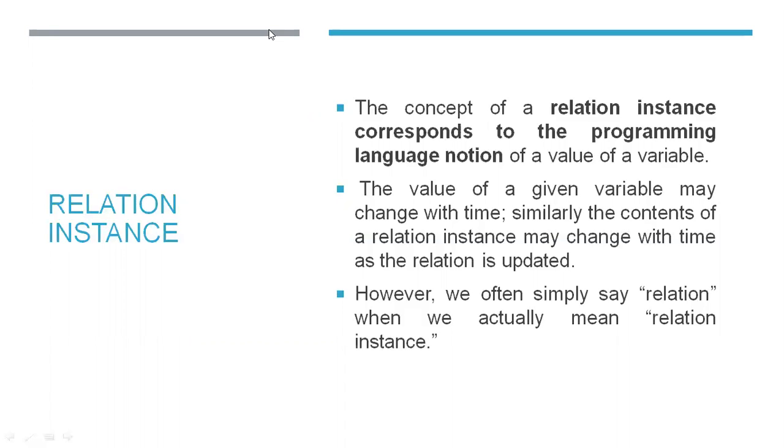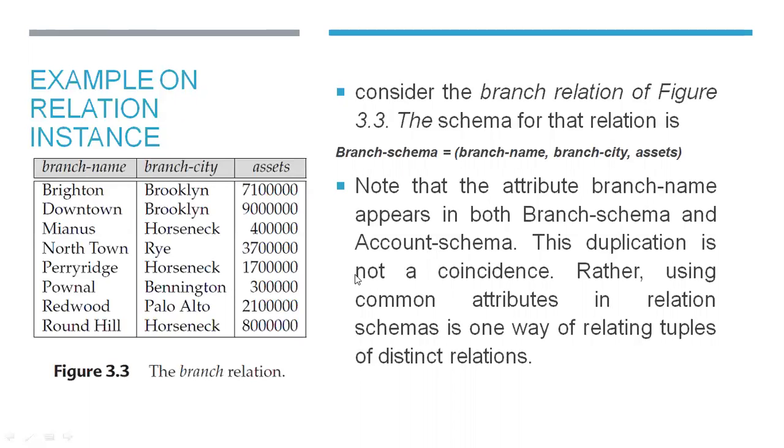However, we often simply say relation when we actually mean to say relation instance. So whenever hereafter relation is mentioned, that relation is nothing but relation instance. Keep in mind. Let us see an example on relation instance.